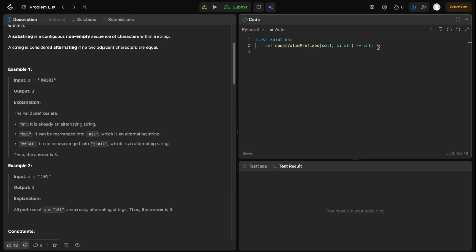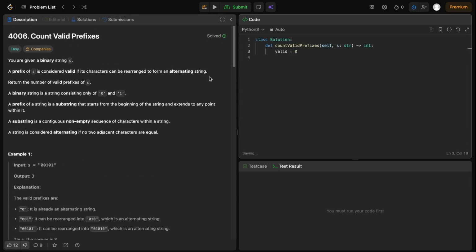So if we write our solution, we want to return the number of valid. Let's say valid; initially, there are 0 valid elements. What we can now do is initialize our count of zeros and count of ones, which are initially going to be 0 and 0.